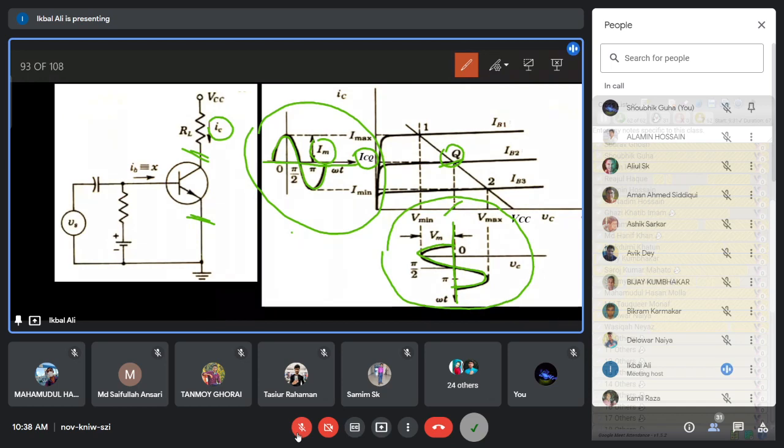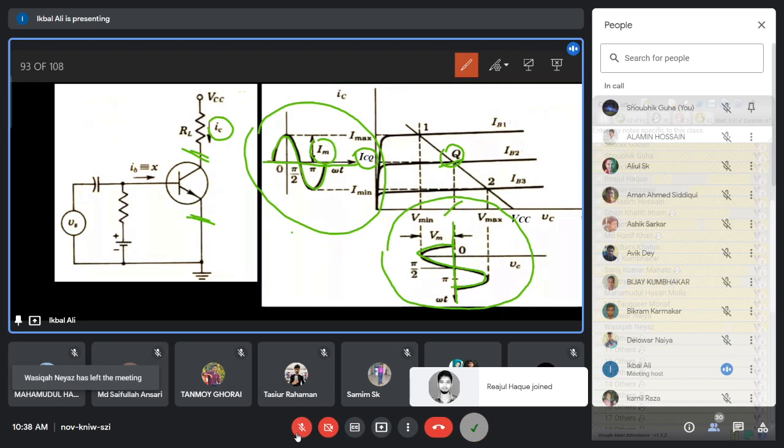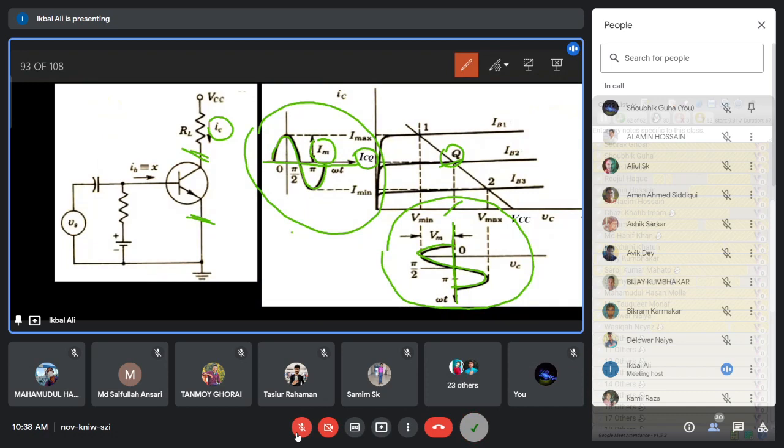These currents and voltage, and the base current IBQ, the constant base current, will flow. These constant base current, collector current, and collector emitter voltage are actually due to the biasing of the transistor.